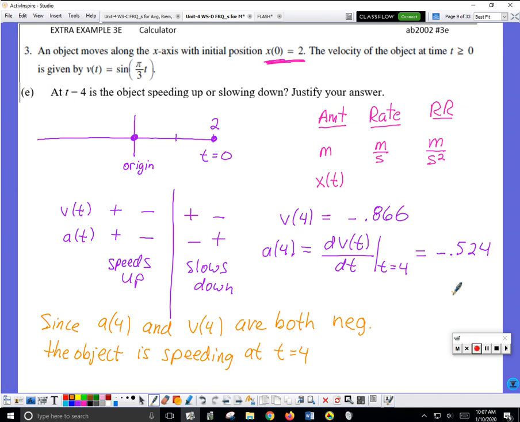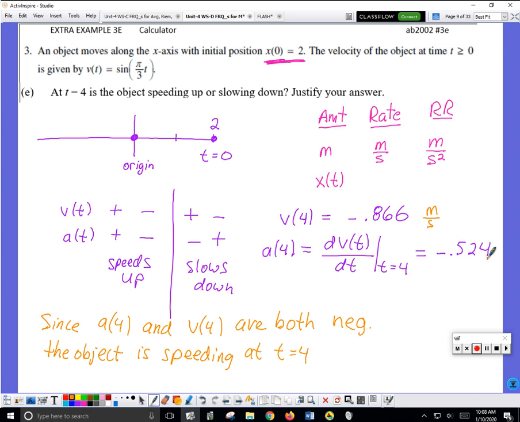Again, no units on this page, so we're just going to pretend the units are meters per second. So this says the velocity is negative 0.866 meters per second.